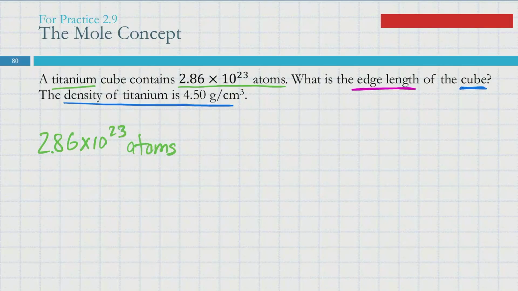What's the symbol for titanium? Ti, capital T, lowercase i. What can we do with atoms? We can convert atoms to moles using Avogadro's number. Can we get from moles to something else? We can do moles to grams. What are we using to get moles to grams?